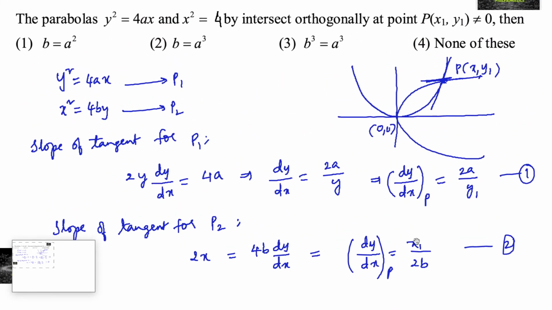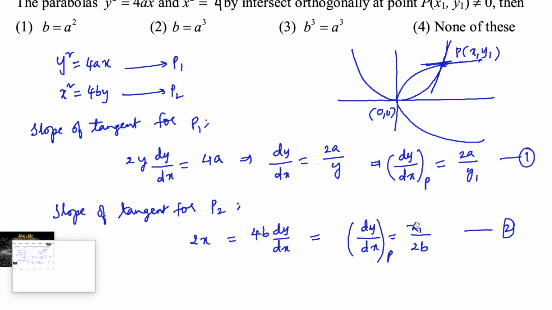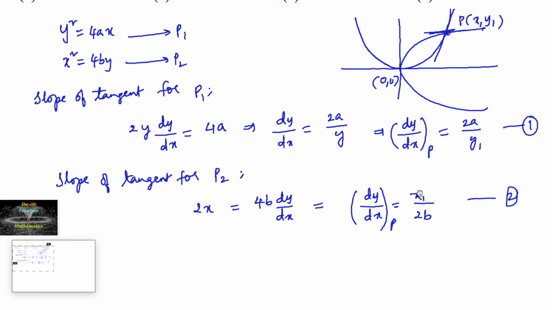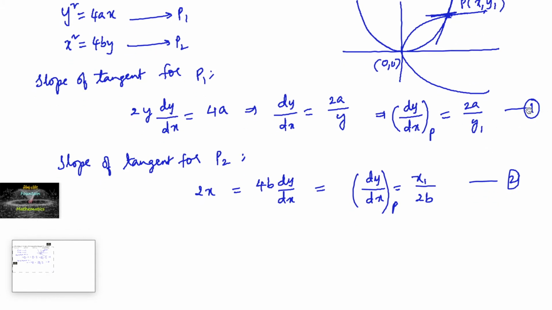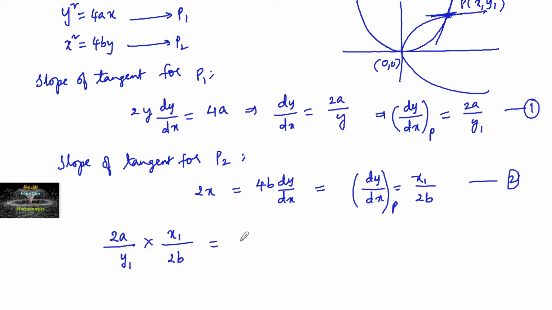To find the point of intersection, and also since it is given that the tangents are perpendicular, since they are intersecting orthogonally, we can write 2a upon y1 into x1 upon 2b is equal to -1, since the two curves are orthogonal.